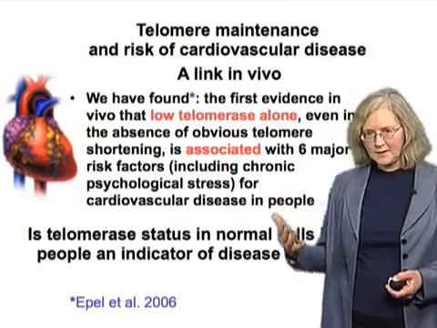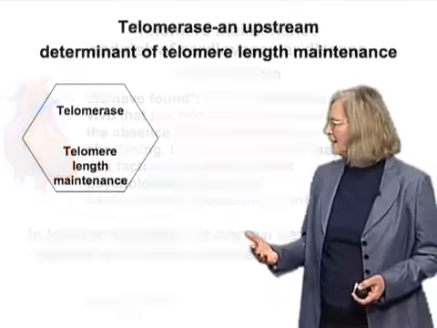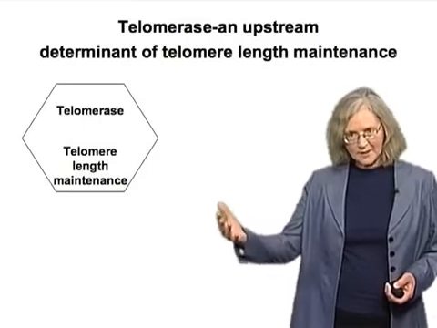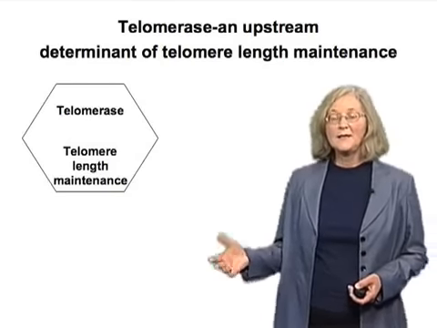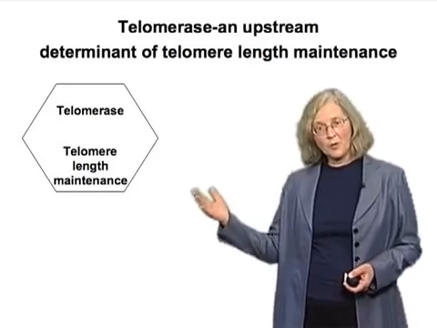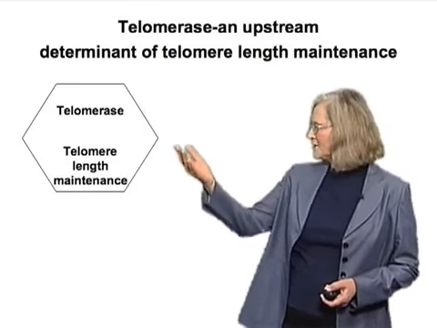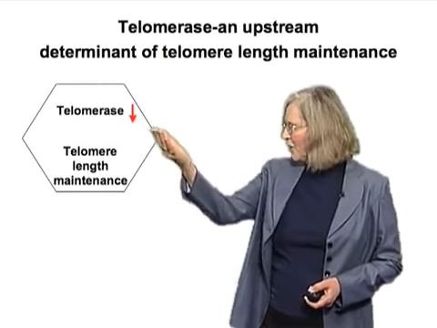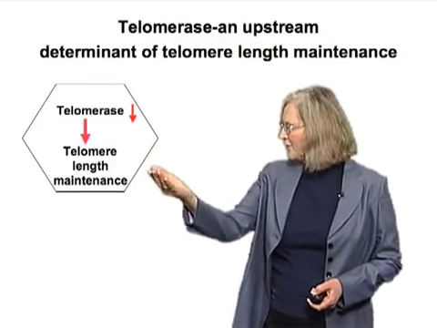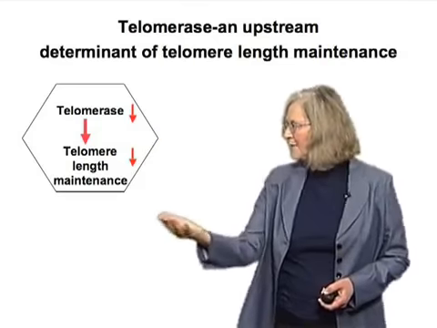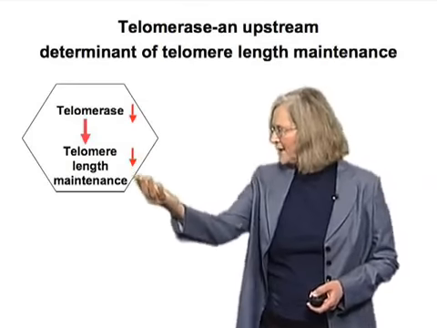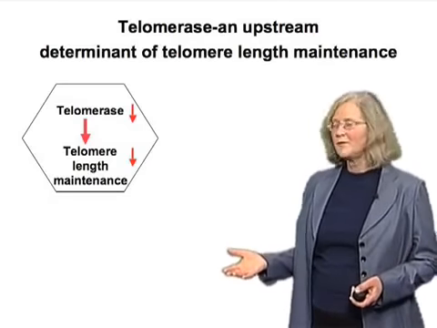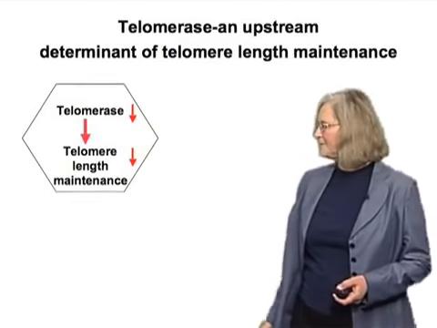Now, indeed, telomere shortening has been seen a lot as something associated with disease risks and indeed disease incidence now in more and more cohorts. So just to finish, the idea is, if you have lower telomerase, we know that will be one of the things that will help drive telomere length down, because telomere length maintenance will be less able to be at the optimum level if telomerase is down.